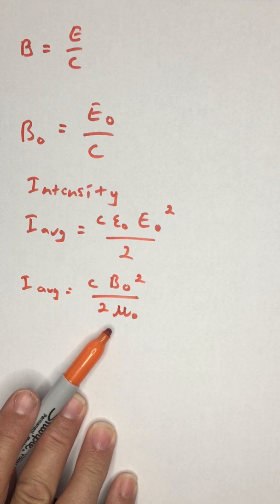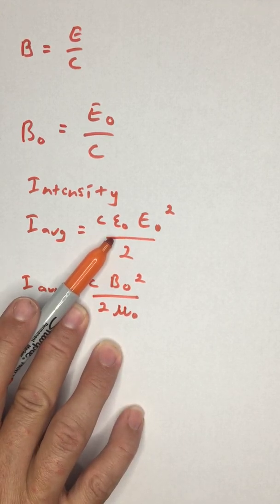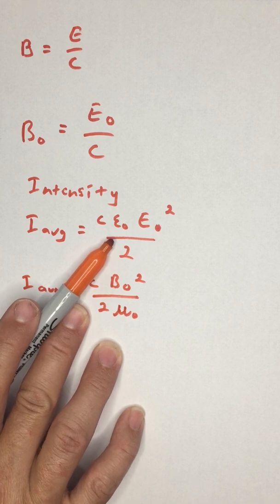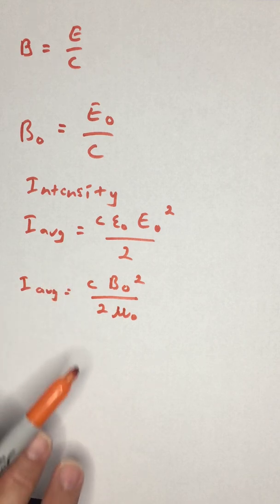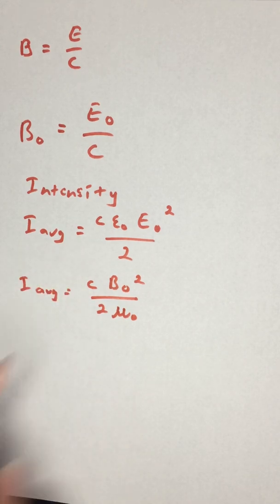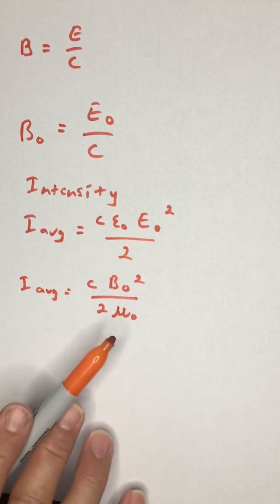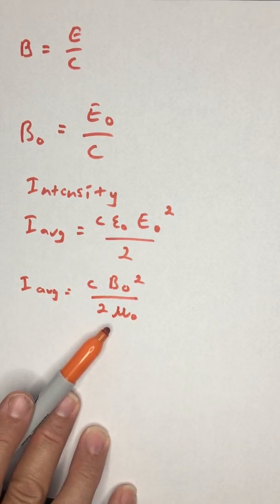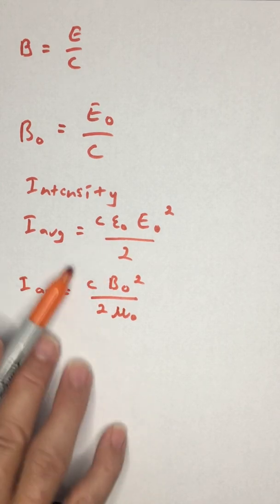Notice this appears in the denominator, whereas the electric constant appears in the numerator. That's okay. Remember, there was the same situation when we saw the equations for fields. This is in the denominator in the electric field equation. This is in the numerator in the magnetic field equation, so that might not be that surprising. But either one of these equations works.